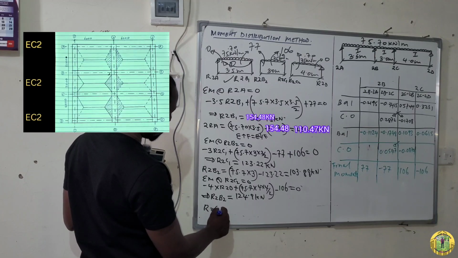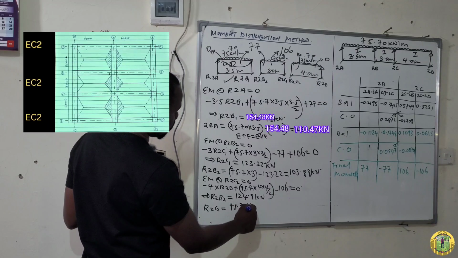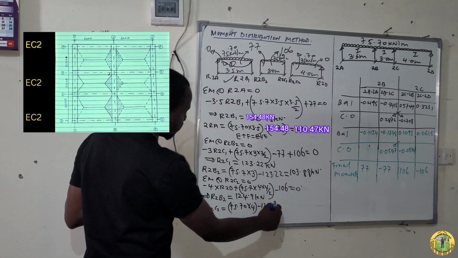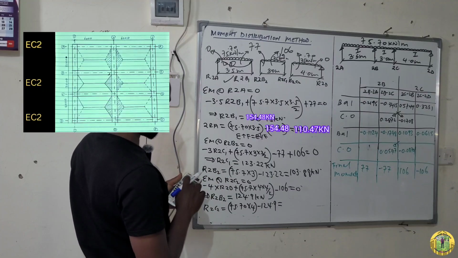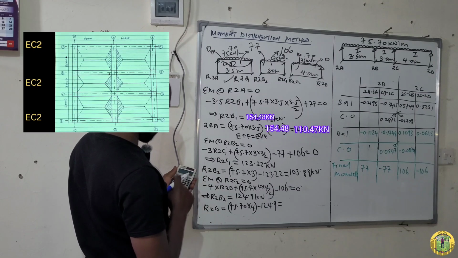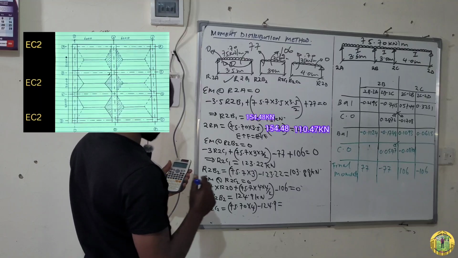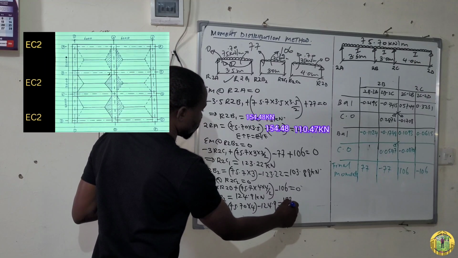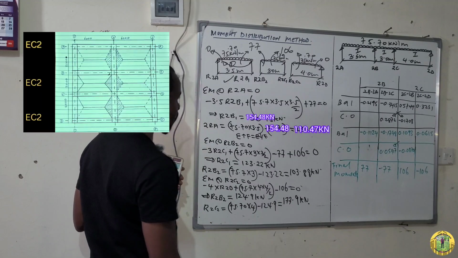And then R2C2 is equal to 75.70 times 4 minus 124.9. The reason remains the same: summation of upward forces is equal to summation of downward forces. So this is 177.9 kilonewton. So those are the reactions.